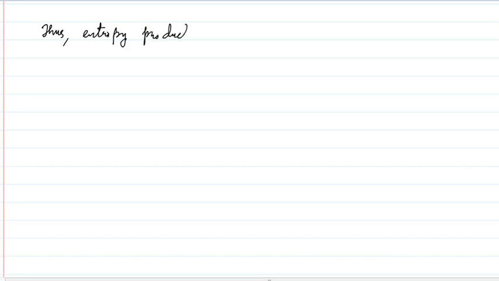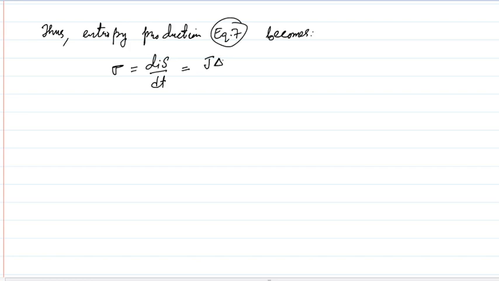That means equation 7 becomes: the rate of entropy production, sigma = dS/dt, is equal to J delta P upon T plus I delta phi upon T. This is equation 9.